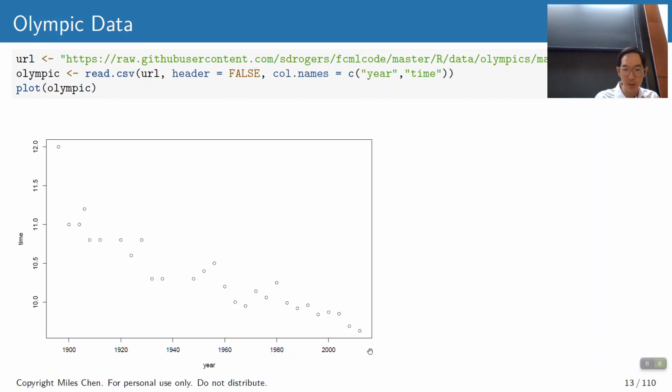These are our Olympic data, and we want to find the line, the slope and the intercept that best fit this data.